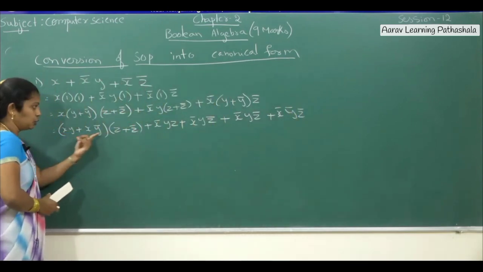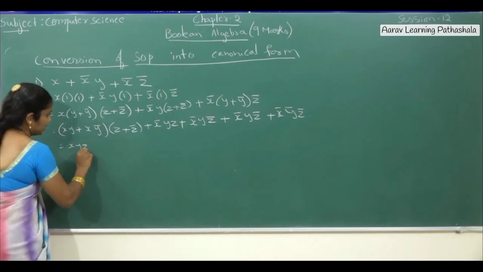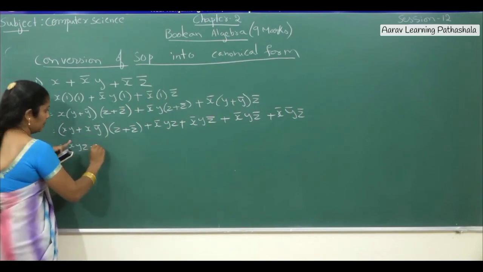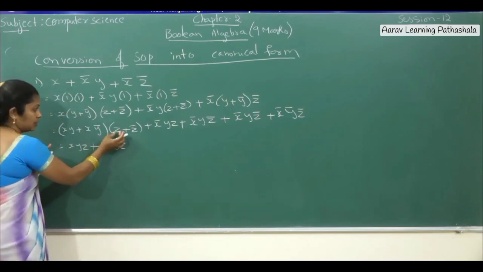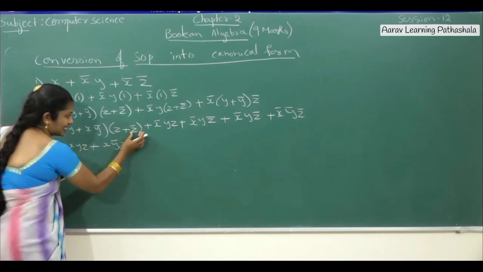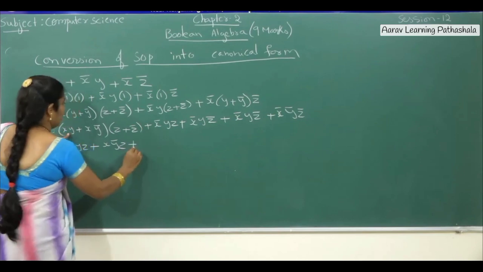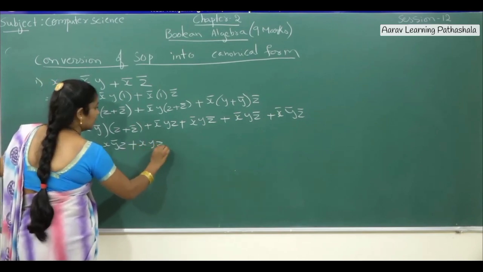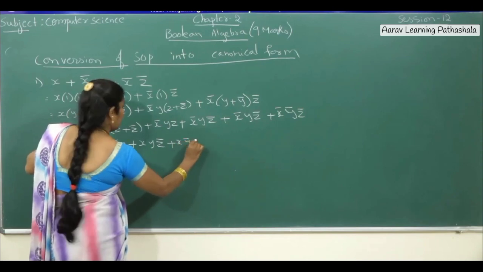Now here once again we have two parts, so distribute again: x y z plus x y bar z. First multiply z with the first part and then with the second part. Next, z bar with the first part and z bar with the second part: plus x y z bar plus x y bar z bar.